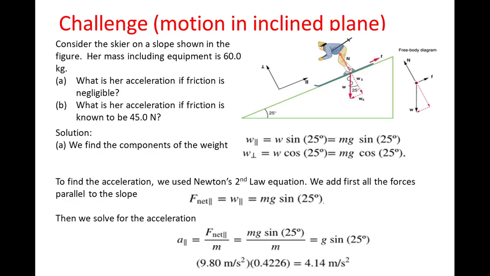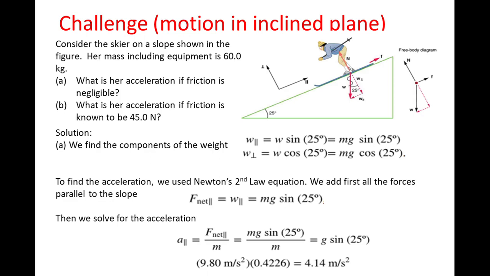Since there is no friction for letter A, the only force acting on the skier is the parallel component of the weight. So the net force in this case is just mass times acceleration due to gravity times the sine of 25 degrees. And by Newton's second law, this is equal to the mass times the acceleration.